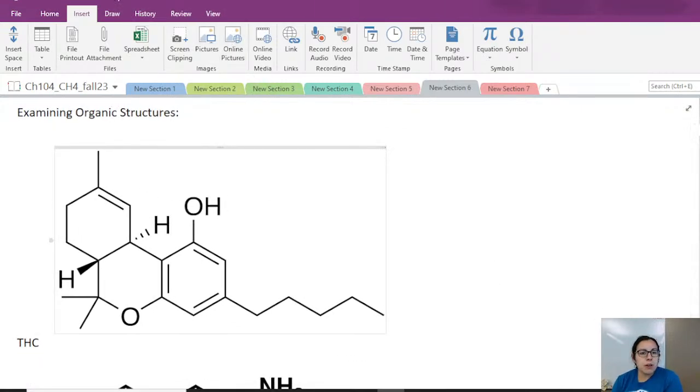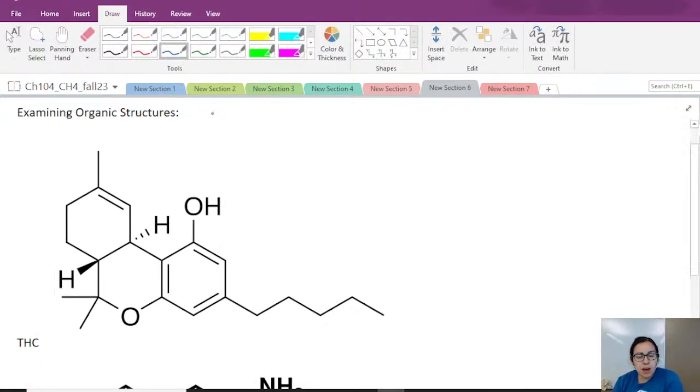And so I gave away what it is, but don't forget, we have some rules, right? Every carbon needs 4 bonds. So if it doesn't, add your hydrogen. Remember with these organic structures, they don't show hydrogen explicitly. So that means this little terminal point here is a carbon attached to 3 hydrogens.